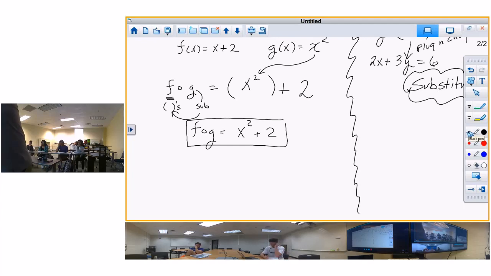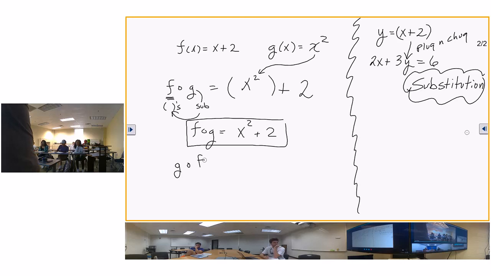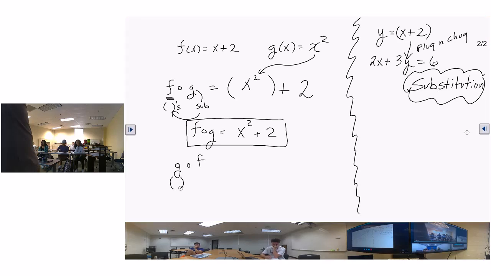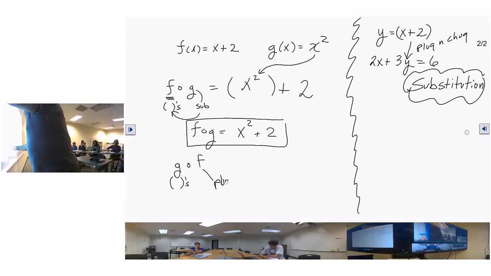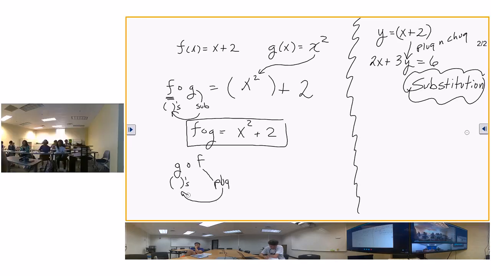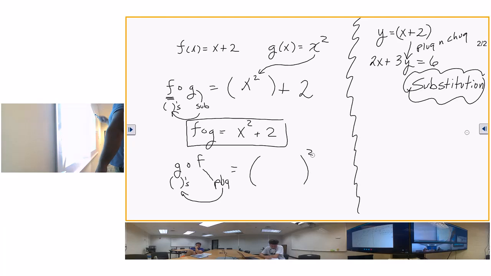g composed of f. That means I'm going to rewrite g with a big set of parentheses, and I'm going to plug f of x into it. So a big set of parentheses squared, and what am I going to plug in there? x plus 2.